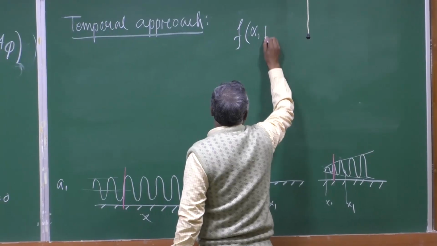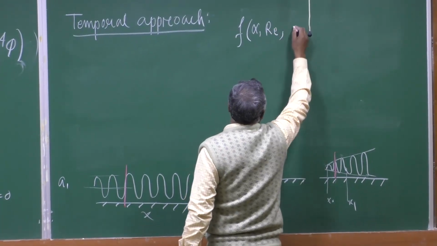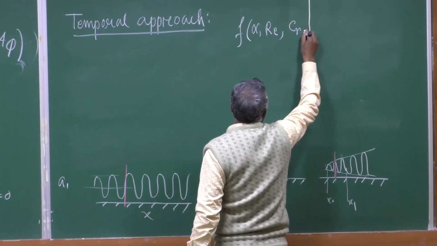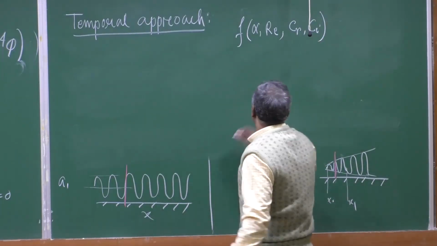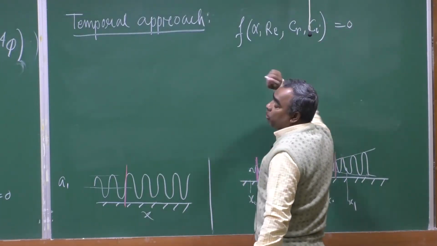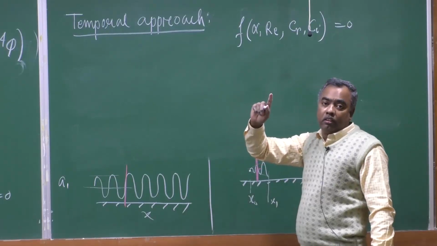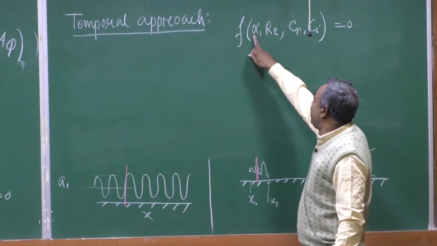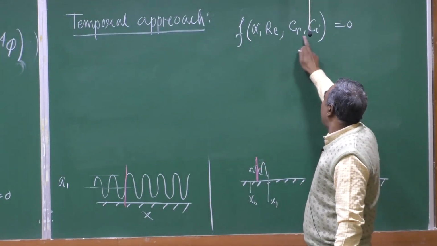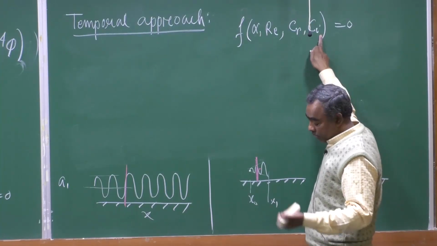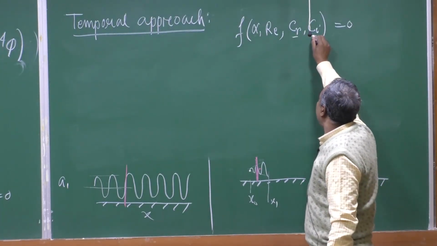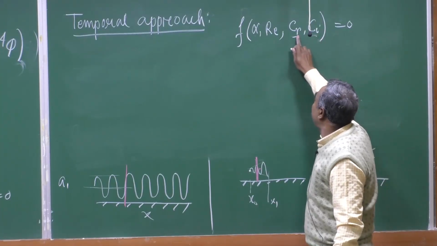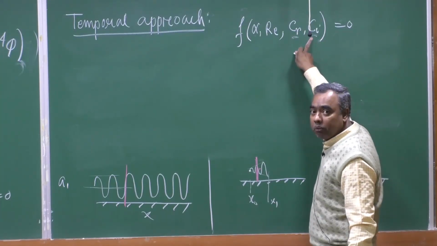Alpha we provide, RE we provide, and we try to find CR and CI. Here C is complex. That means we are trying to solve this equation for a given value of alpha and RE, and for any solution, what are the values of CR and CI. So this is the temporal approach.